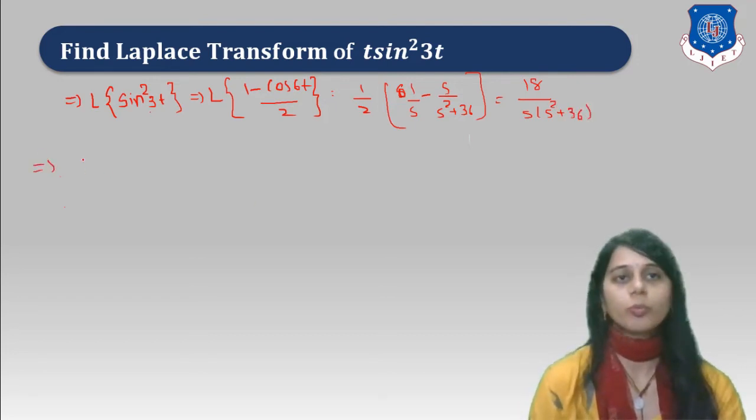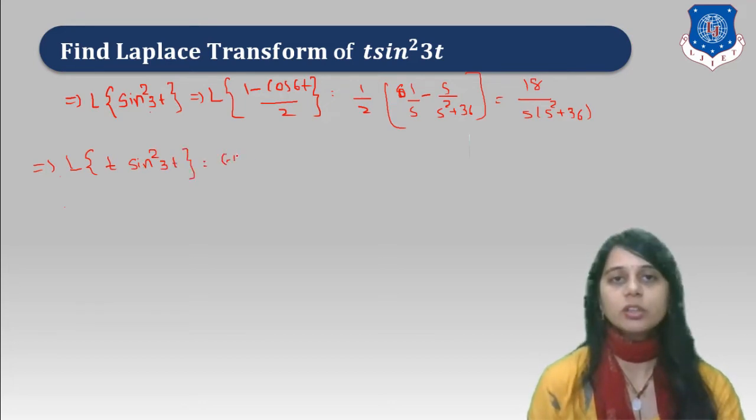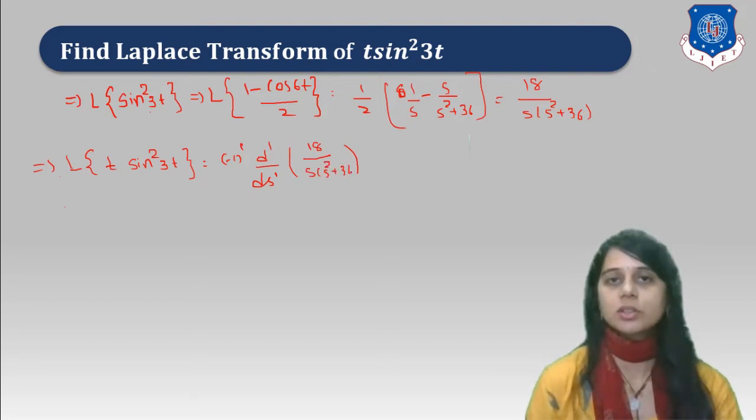Now step 2, applying the differentiation rule to t sine square theta. It is minus 1 raised to 1, d raised to 1 by ds raised to 1. What is your F of s here? F of s is 18 upon s into s square plus 36.